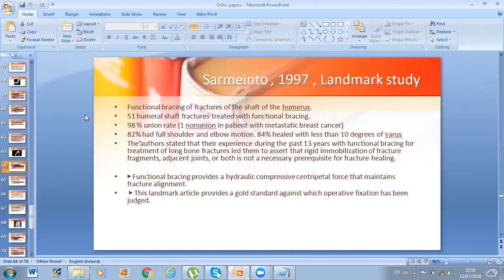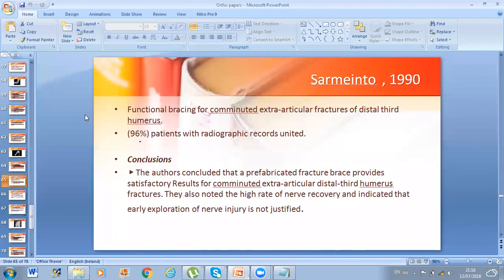He quoted that functional bracing provides a hydraulic compressive centripetal force that maintains the fracture alignment. This landmark article provided the gold standard against which operative fixation has been judged. This is again Sarmiento 1990.